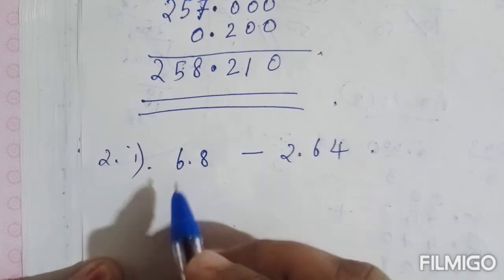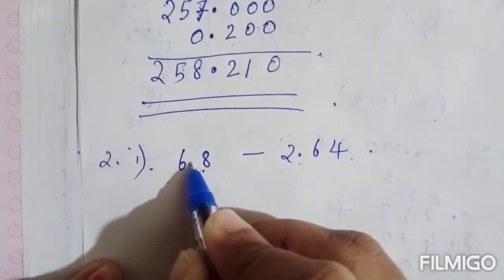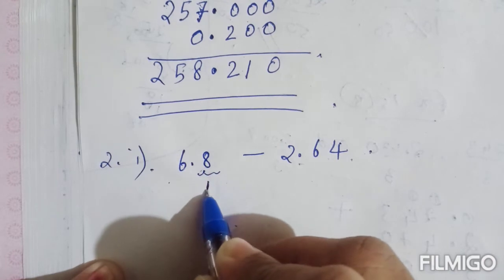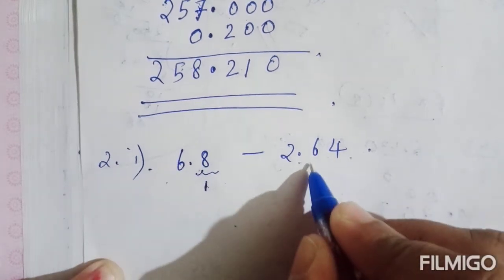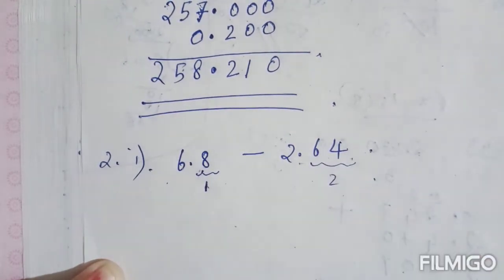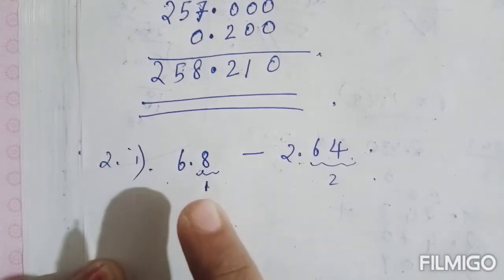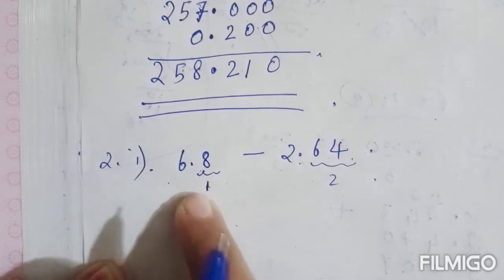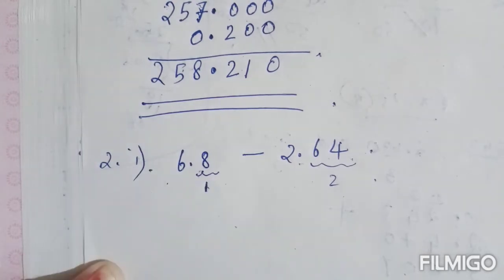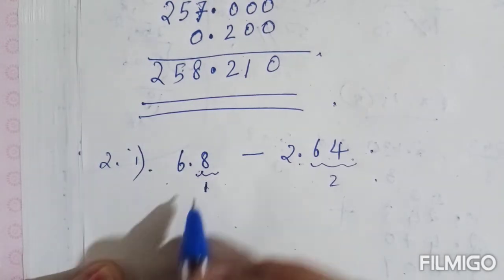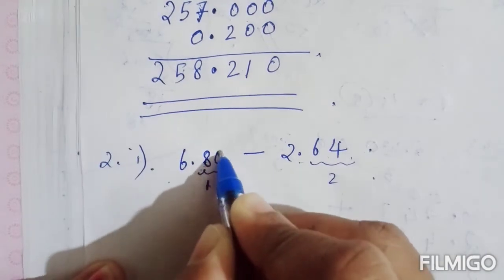Okay, 6.8 and 2.64. So here after the decimal point one digit is coming. Here after the decimal point 2 digits are coming. Maximum it is 2. So make the number of places in the first decimal 2. Okay, you can put 0 here.